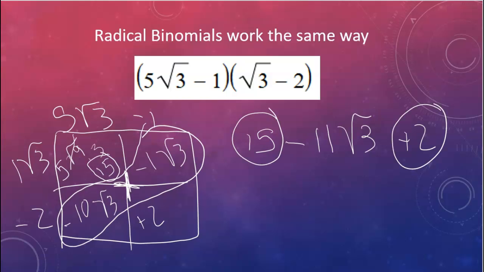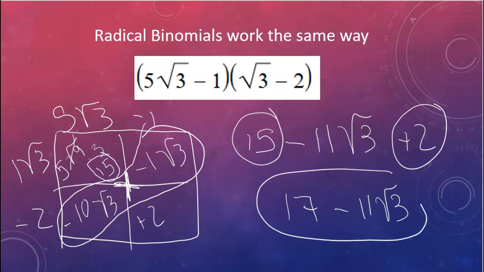We can combine those. Those are like terms. 15 plus 2 is 17 minus 11 square root of 3. Now we cannot combine these because 1 is a multiplication problem and 1's a number. But there we go. There's our answer. Woohoo! We did it.